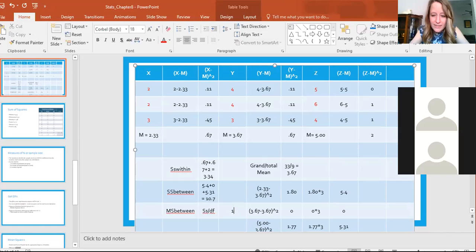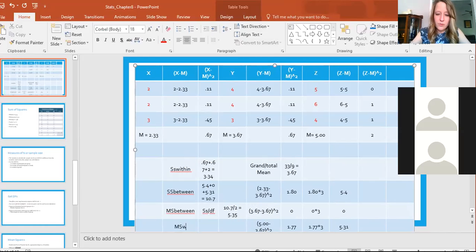So I've got my 10.7 divided by k, so my number of groups, 1, 2, 3, minus 1, which would be 2. So 10.7 divided by 2 is going to equal 5.35. Okay.